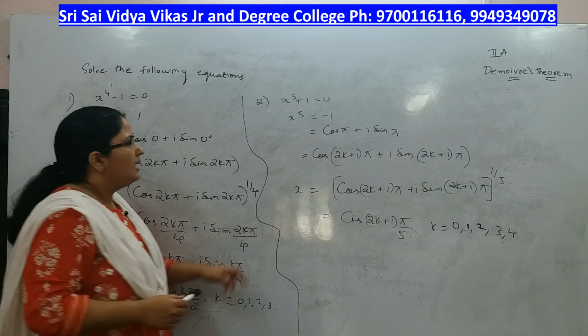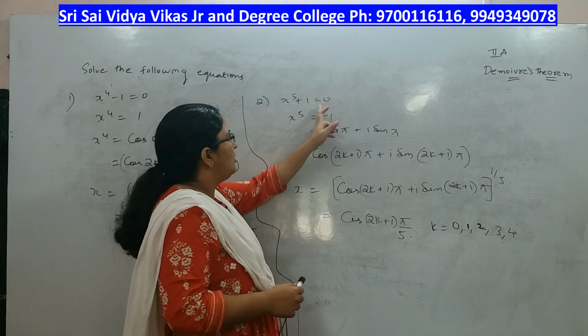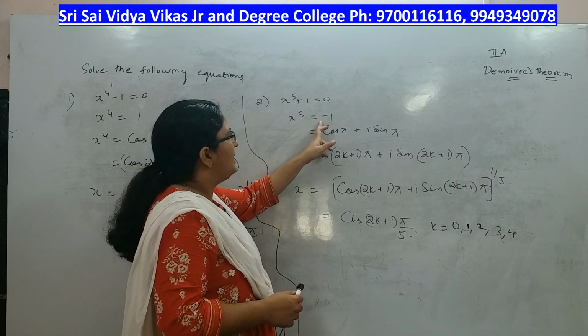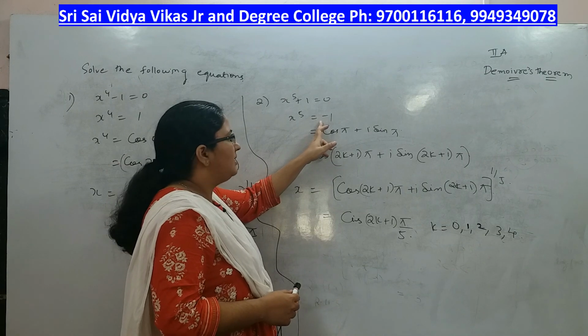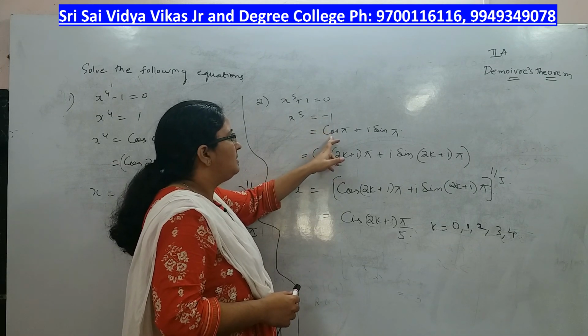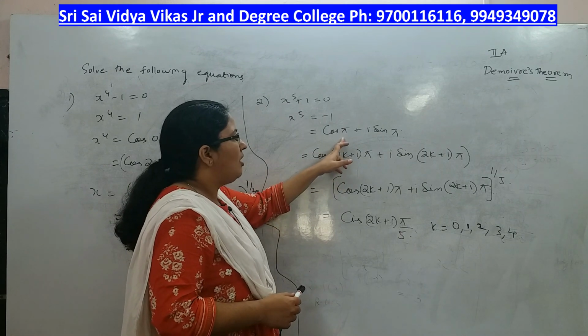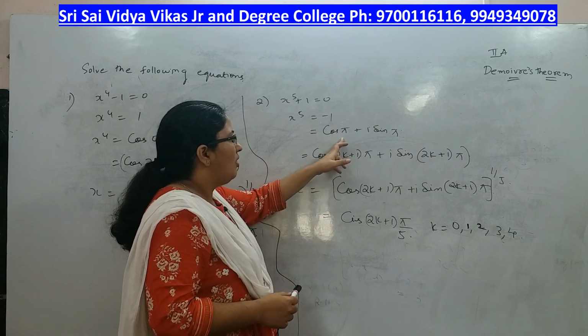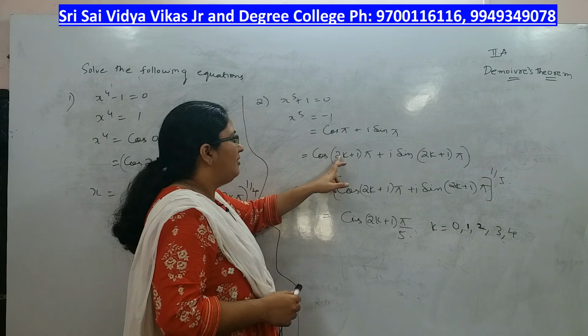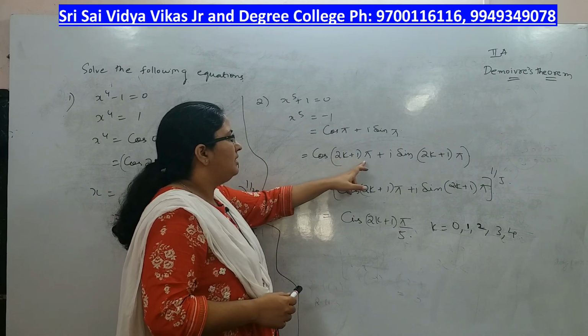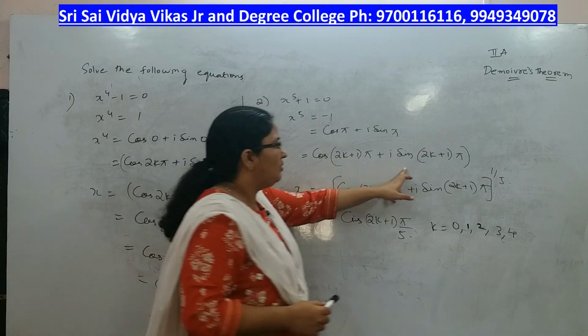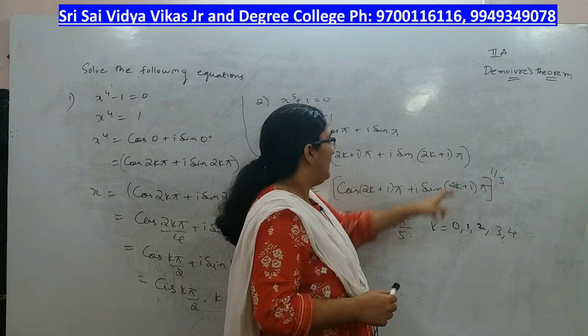Next, x power 5 plus 1 is equal to 0, x power 5 is equal to minus 1. When do you have minus 1 in cos and sin? Cos pi plus i sin pi. It repeats for every odd interval of pi. So you have cos (2k plus 1) into pi plus i sin (2k plus 1) into pi.